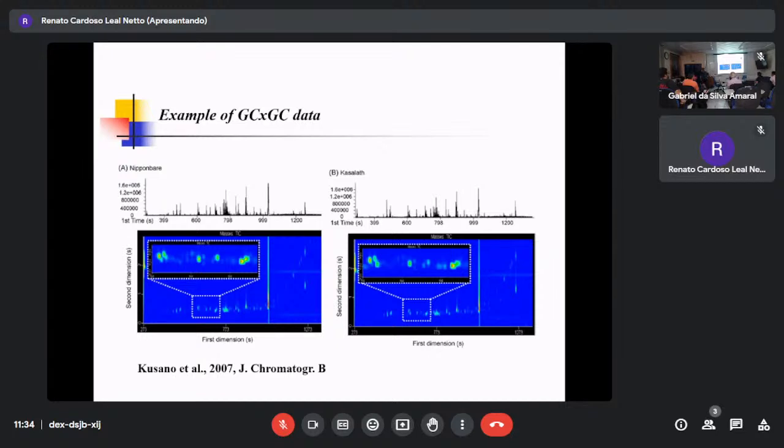For example, you have two columns. When I use a 30 meter column, you analyze this one. But as we discussed yesterday, one peak is not necessarily one compound. Two compounds is a mixture. The second column is a shorter one, 5 meter.